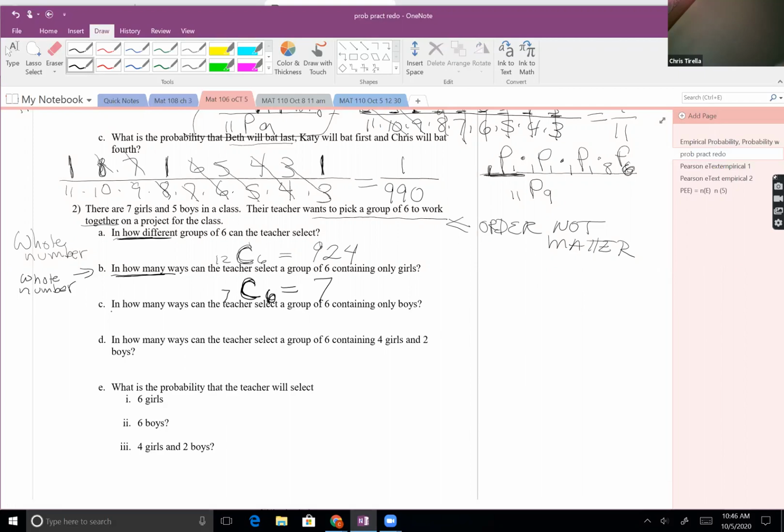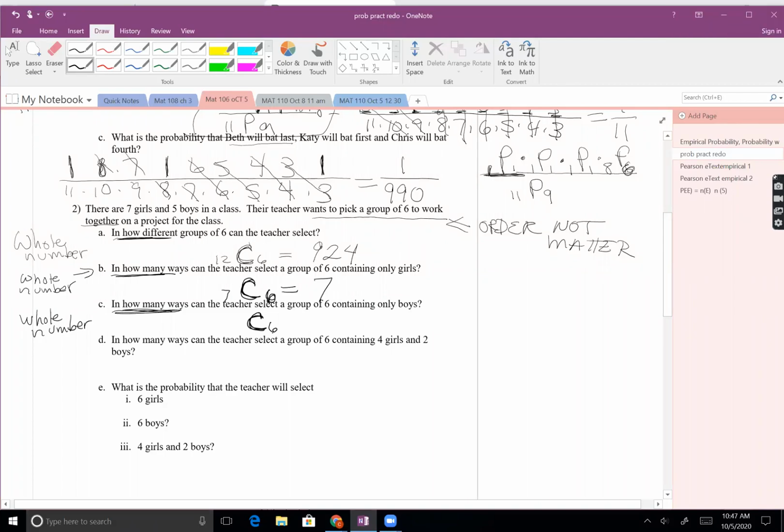Next one says, how many ways? So here again, I'm getting a whole number. Order still does not matter, so it's a combination. We want a group of 6. If we're only picking from the boys, how many are there? 5. Can I do 5 combination 6?